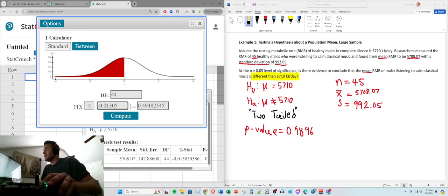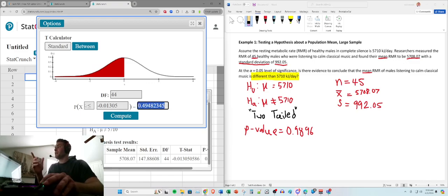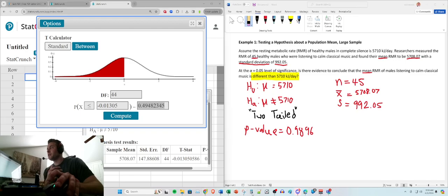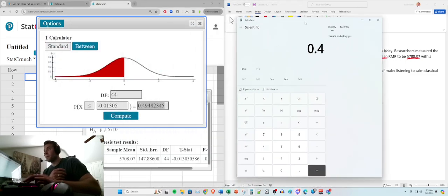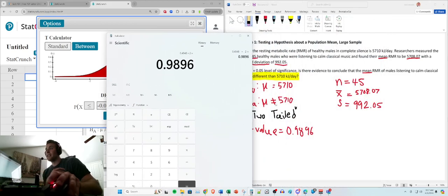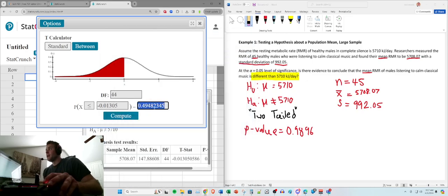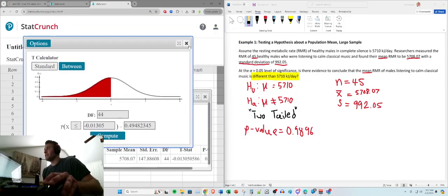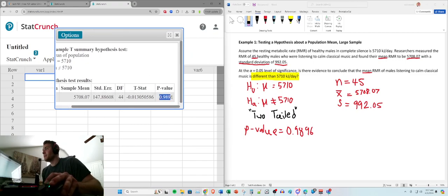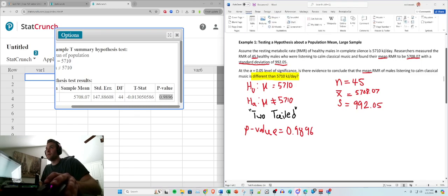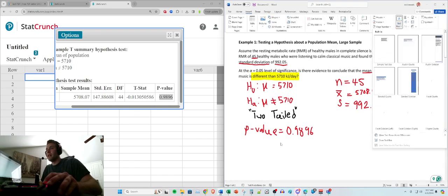You can see this is the probability that it would be less than, and since this is two-tailed, the calculator is taking that value 0.4948 and just doubling it. That's how they got the 0.9896 there. But you don't really have to worry about any of this. As usual, I do the theory. This just gives you the p-value. And now we know that we can create our conclusion. So that's what we're going to do next.